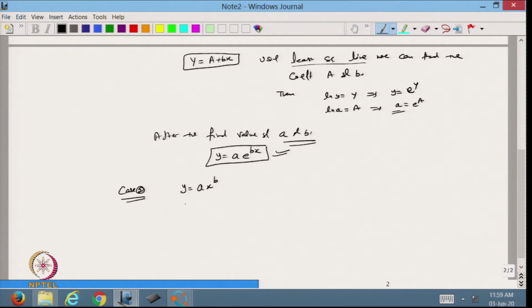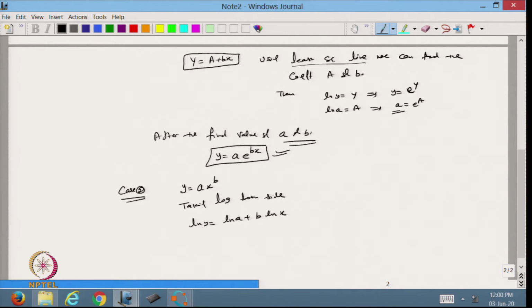So, in this case, again, taking log on both sides, I will get ln y is equal to ln a plus b ln x.